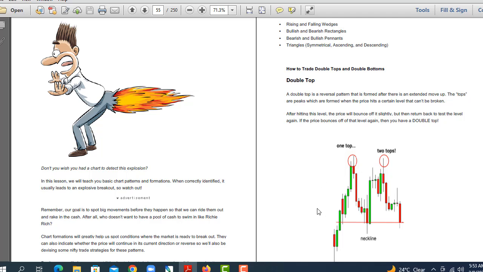Guys, remember I told you that one of the characteristics of an uptrend market is its ability to make higher highs and higher lows. So let's assume that you actually traded this market and it came to this point here and made this high point, and then retraced back and tried to push back to the uptrend, but at this point it made this high point, and then came down again, and then tried to push again to break this point.